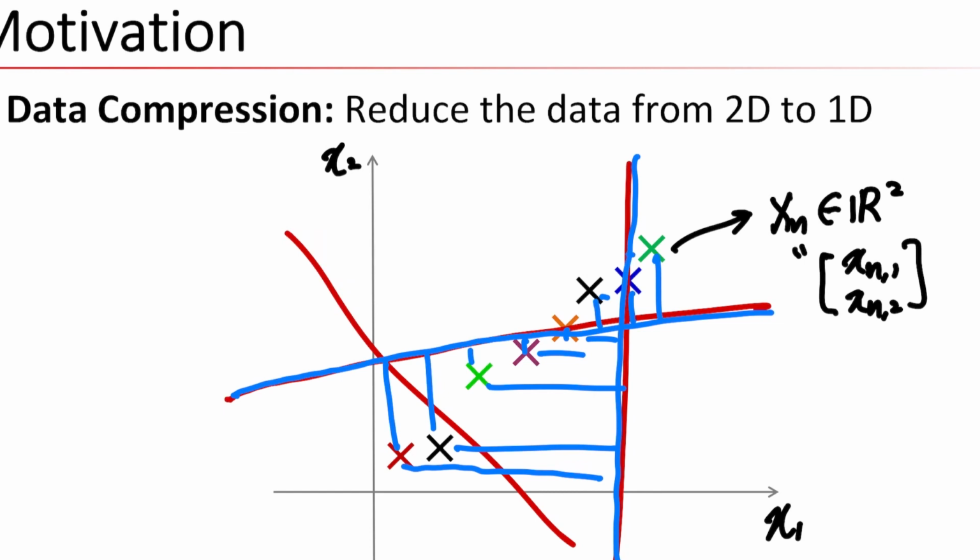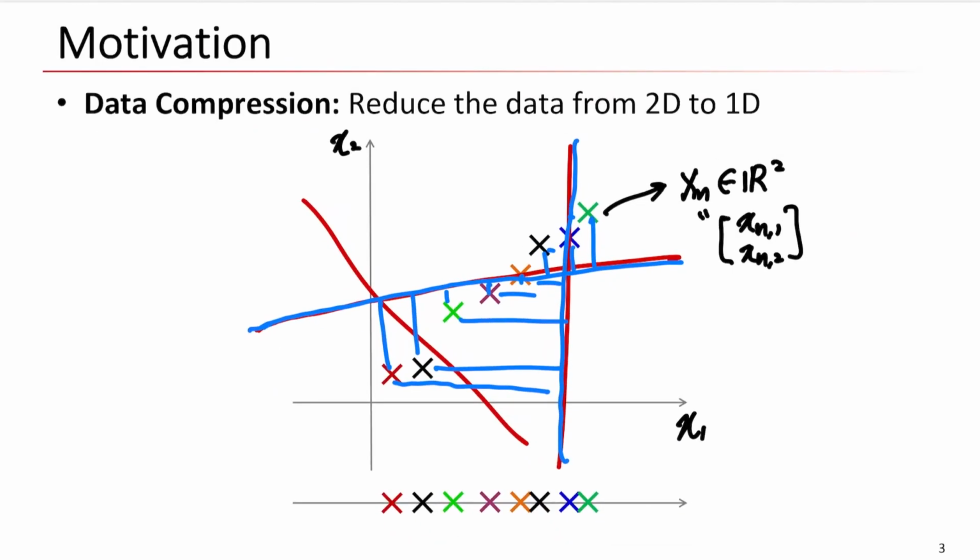So what we want to do is to find this straight line that maximizes the distribution of the samples in the projected space, right? So this is the goal of the PCA algorithm.